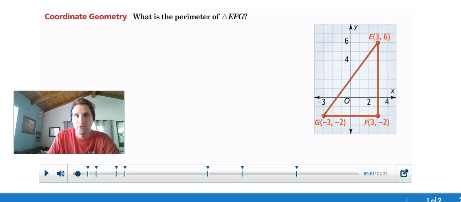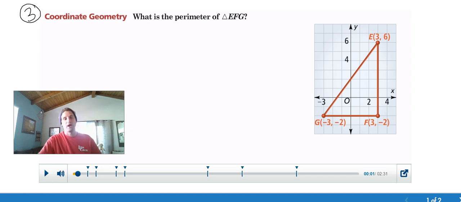Alright, now we're finding perimeter again, this time in the coordinate graph. So, how do we find the perimeter? So we have to add up all the sides. Here's a good thing. We learned about the distance formula in 1.7, which means I could use the distance formula for GF, the distance formula for FE, and the distance formula for EG.